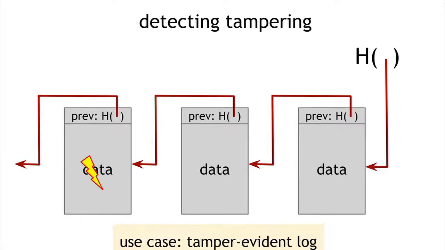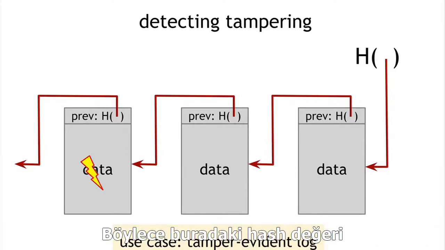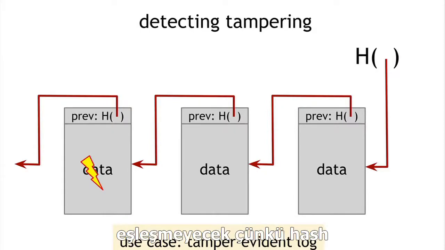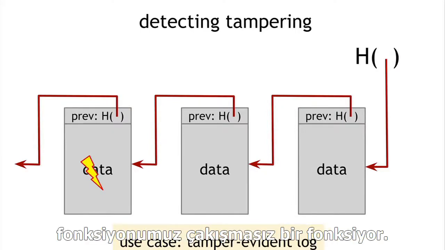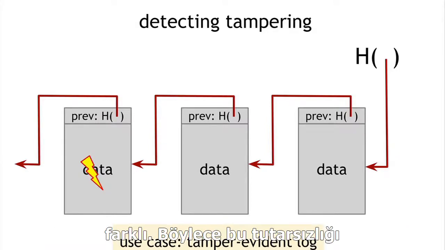The adversary changed the contents of this block, and therefore the hash here, which is a hash of this entire block, is not going to match up. Because the hash function is collision-free, the hash of this block must now be different. And so we could detect the inconsistency between this data and the hash pointer that we remembered before.